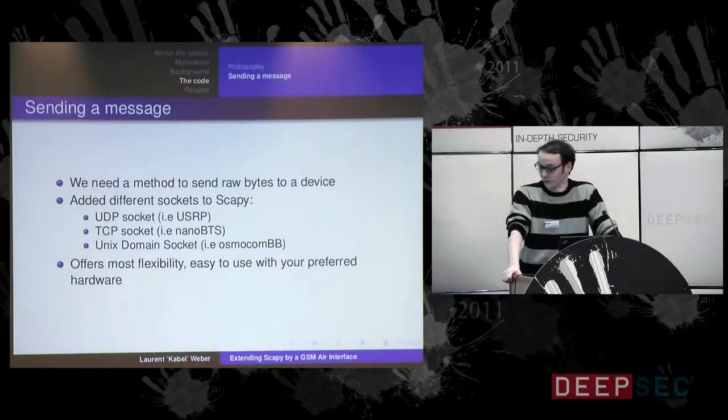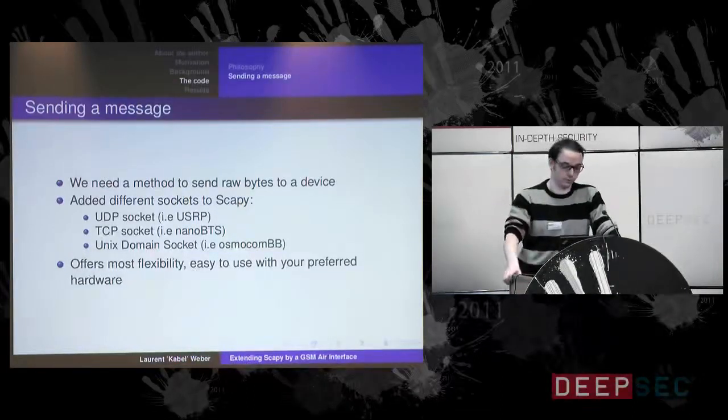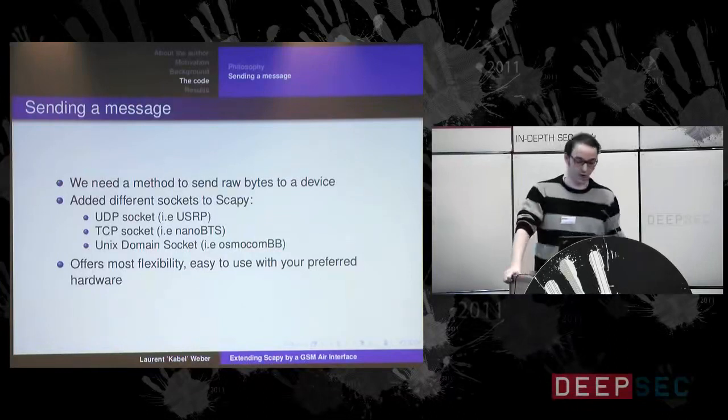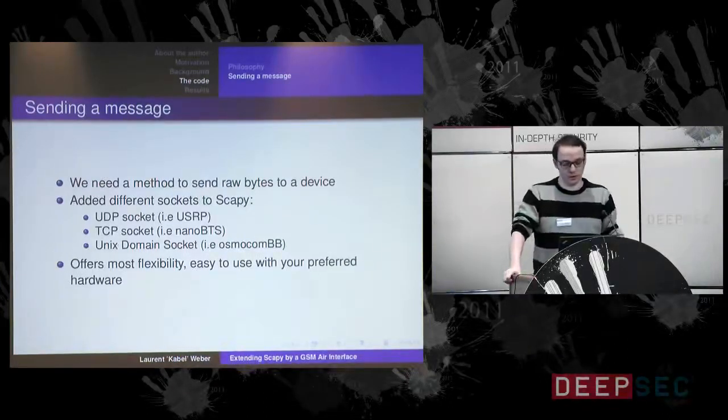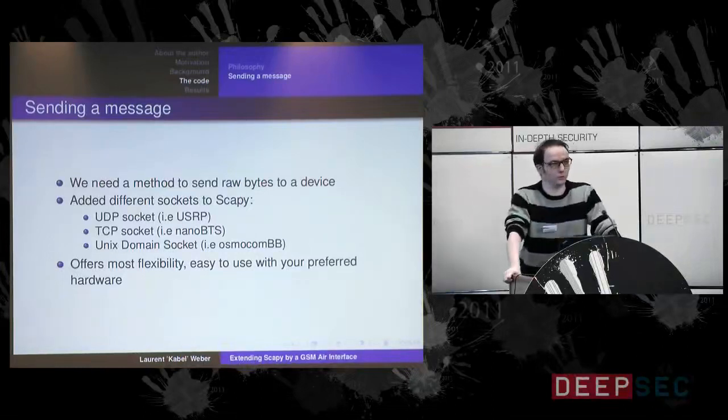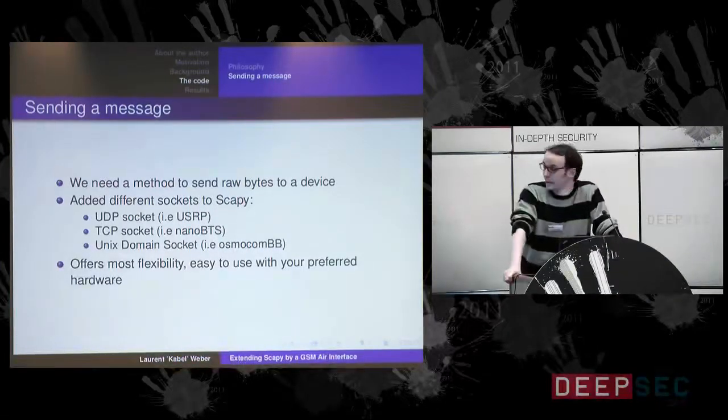Well, for this case, I had to change something. First of all, I had to find out how all this stuff works. I was new to this RF stuff, and I found out the easiest way would be to use some OpenBTS function that opens a UDP socket, and then you can simply push your raw packet onto that socket. Well, quite easy to implement.